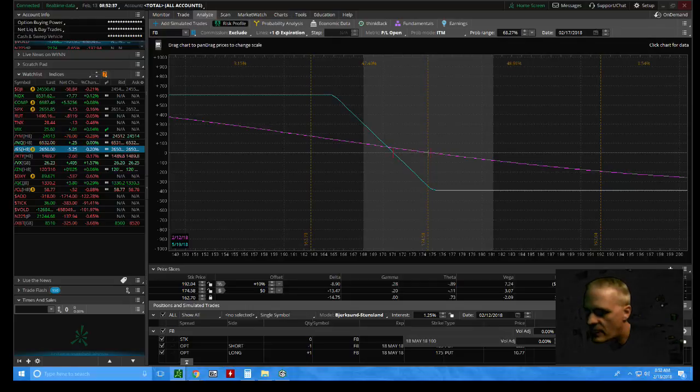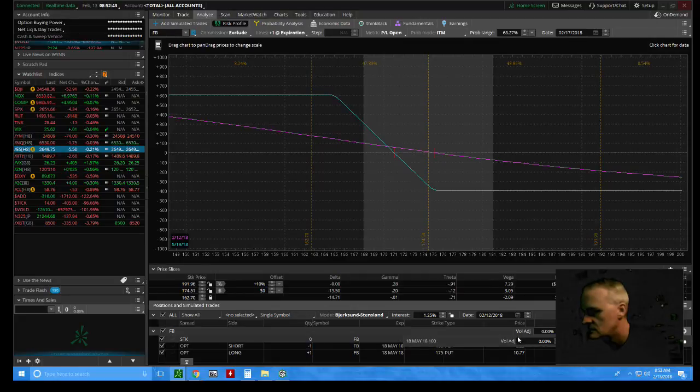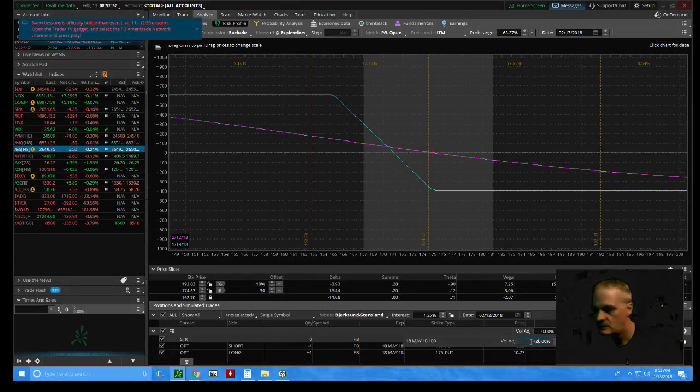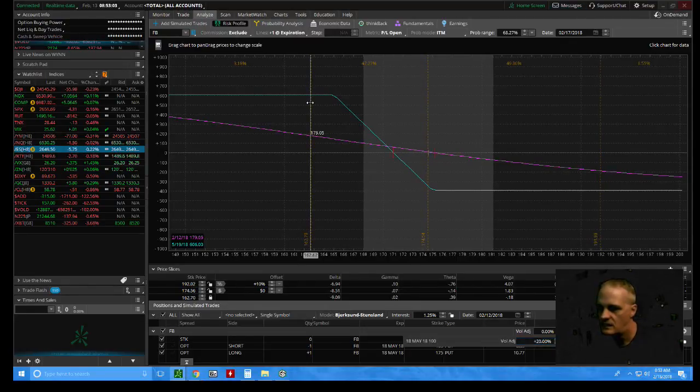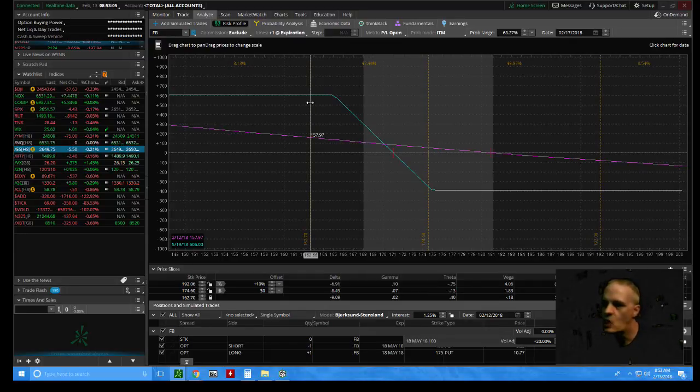I basically bought a put spread. If volatility increases, actually, I said that wrong. If volatility increases, I think that will help me, because overall this is a long position.